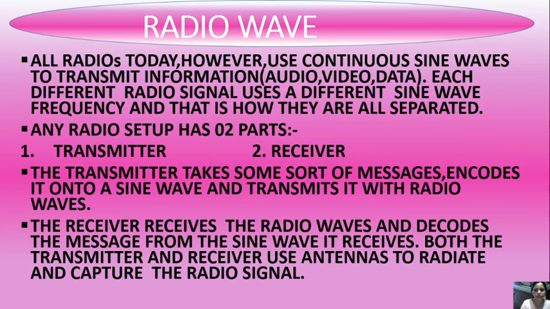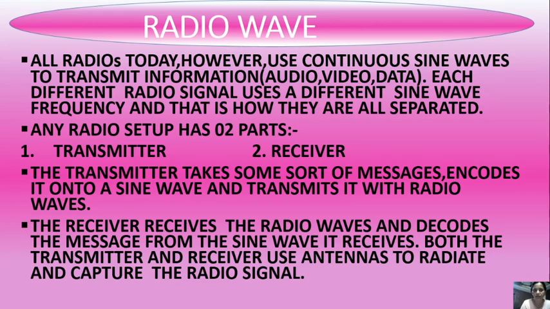Some more points are given here. First, all radios today use continuous sine waves to transmit information like audio, video or data. Each different radio signal uses a different sine wave frequency, and that is how they are all separated.